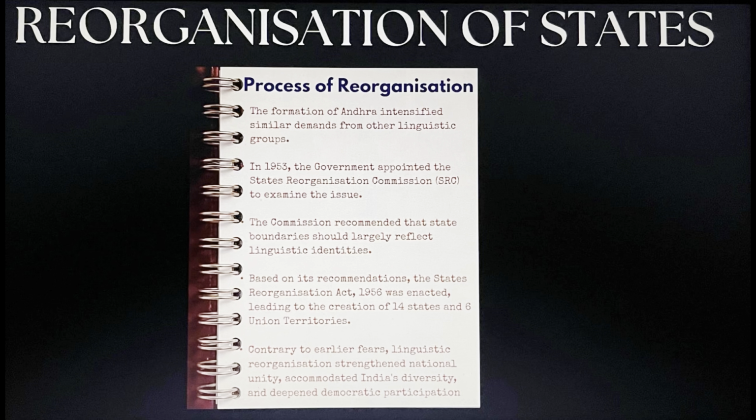For example, if most people living in a particular region are speaking Tamil, then that area should become a different state. And if people in an area are speaking Kannada mostly, then that should also become a separate state. It shouldn't be that Andhra and Kannada speakers are mostly living together.